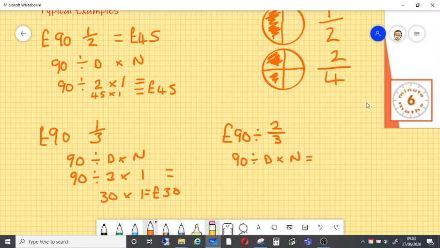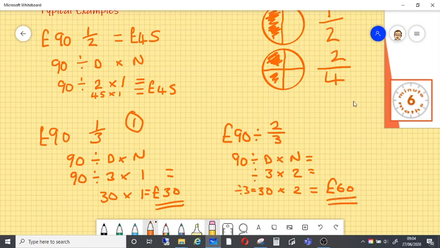So 90 divided by 3 times by 2. 90 divided by 3 we know is 30, we've done this here already. And then times by 2, 30 times by 2 equals 60. And that's right, because if 1/3 equals 30, then 2/3 or 2 lots of 30 would equal 60.